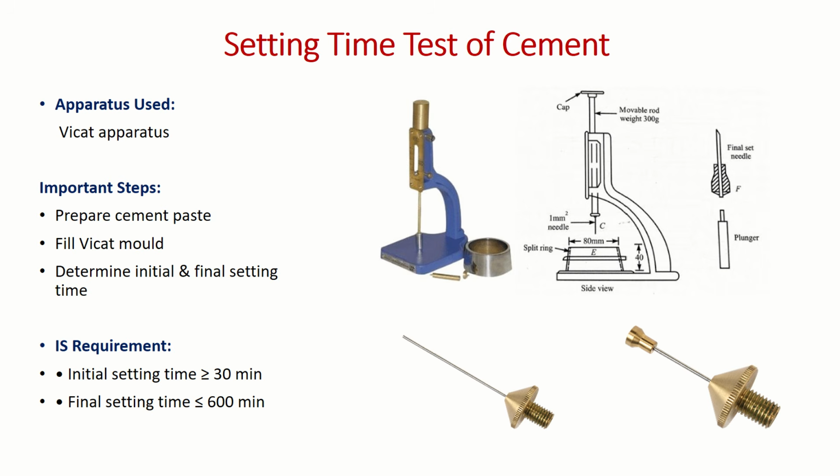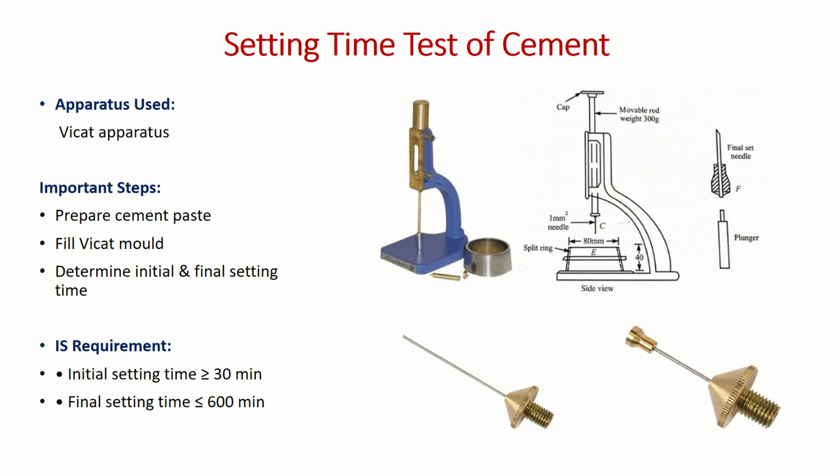Now the next practical is the setting time test on cement. When water is added to the cement, the hydration process starts, and most of the cement sets within 30 to 45 minutes.